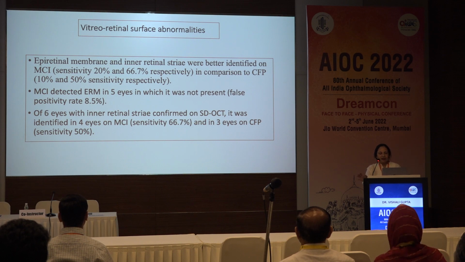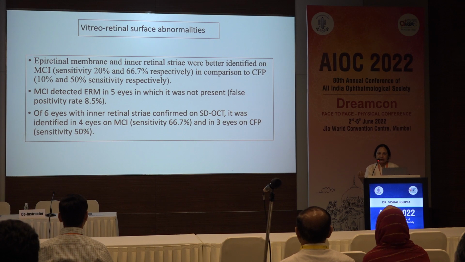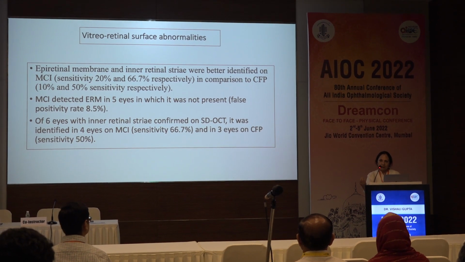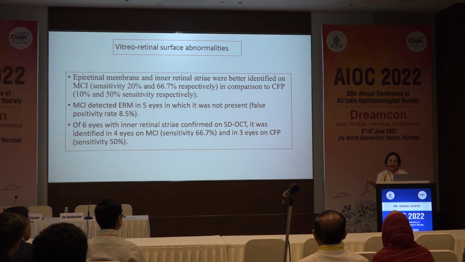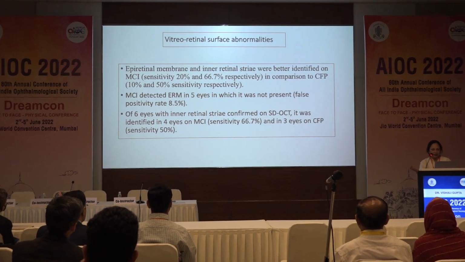Multicolor imaging could detect ERM in 5 eyes when it was not present, so it is sometimes overdiagnosing. If you happen to see ERM just on the multicolor photograph, it's always good to confirm it on OCT, because sometimes it may not be there.